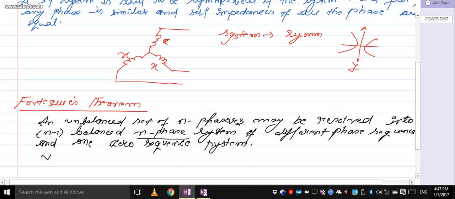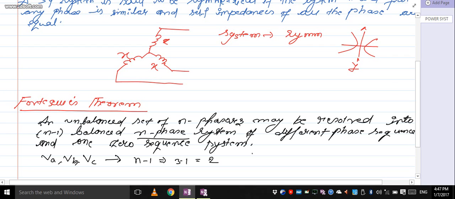Say if we are taking a three-phase system, VA, VB and VC, these can be resolved into n minus 1, that is 3 minus 1 equal to 2 balanced phase systems of different phase sequences.